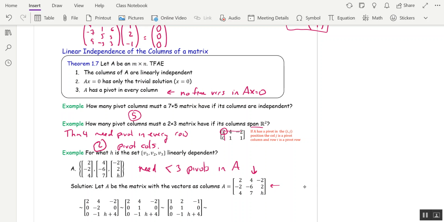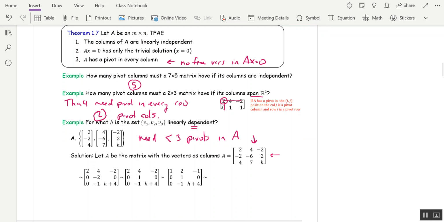I want to know for which H they're linearly dependent. So I went ahead and started reducing the matrix A, and getting to this point here, there's only one more reduction I need to do.